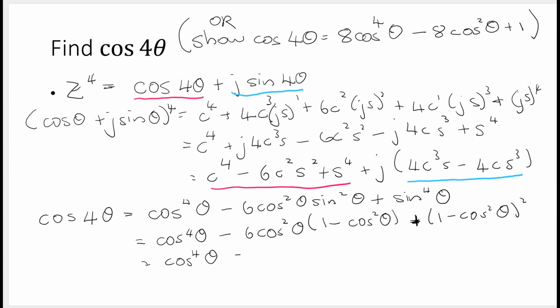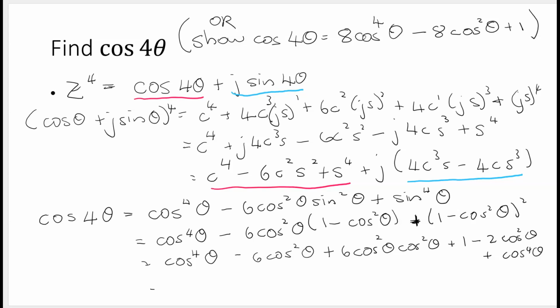Okay, 6 cos squared theta times 1. Then minus minus gives us a plus, and that's 6 cos squared theta plus, and then I need to multiply out this bracket, and then I would get 1 minus 2 cos squared theta plus cos to the 4 theta.